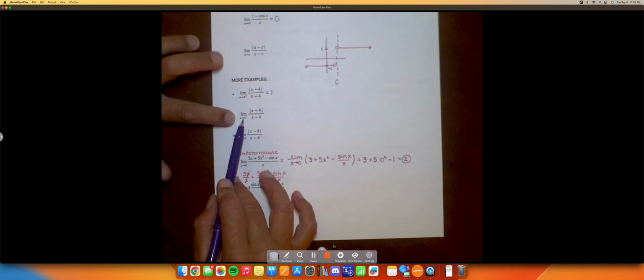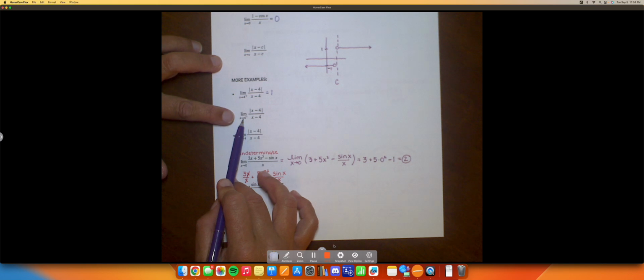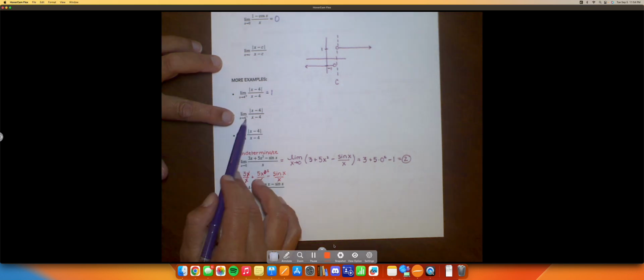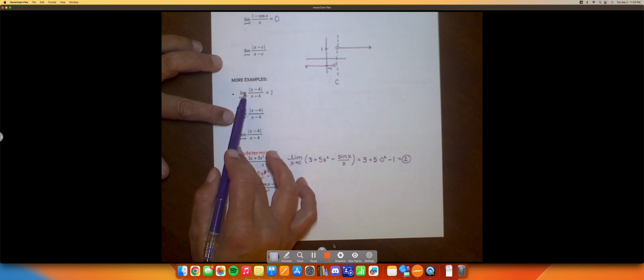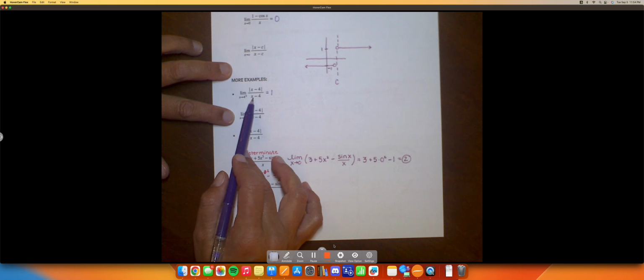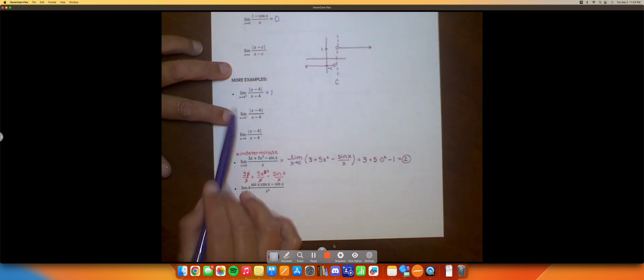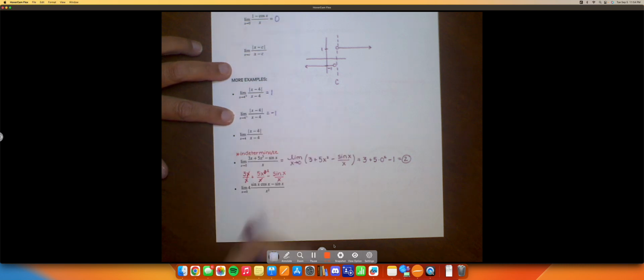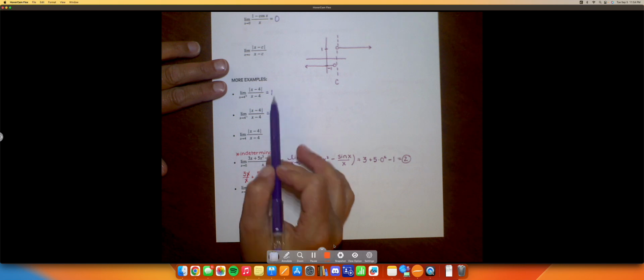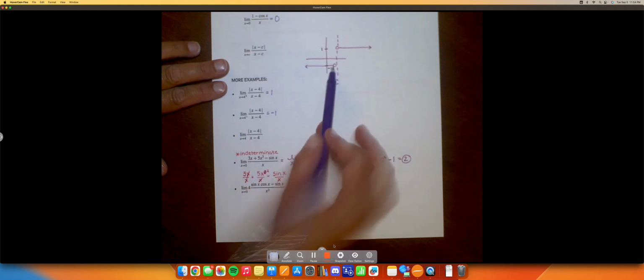If you pick a number that's smaller than 4, so let's say you pick 1, because 1 is smaller than 4, that's to the left of 4. 1 minus 4 is negative 3, but those absolute value bars make it a 3. Over 1 minus 4 on the bottom is negative 3, so then I would have 3 over negative 3, that makes a negative 1. Okay, so limit from the left, limit from the right, because that's this part of the graph.